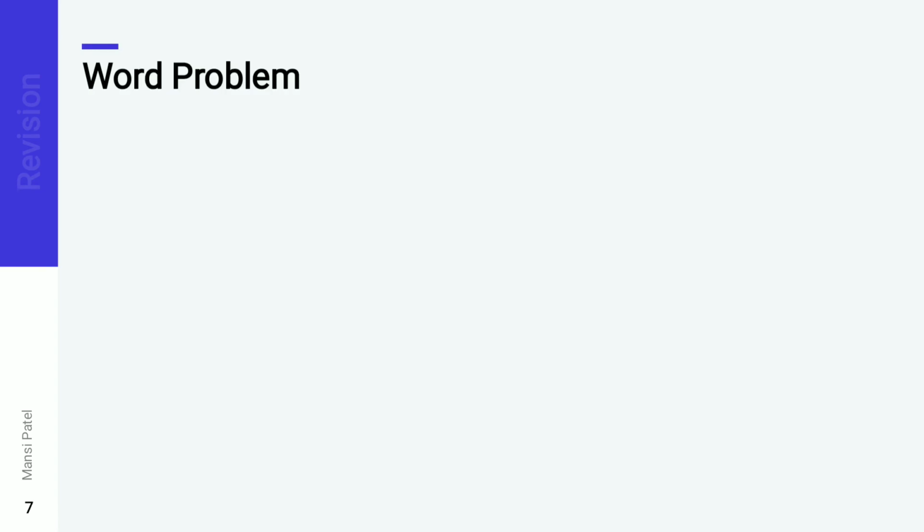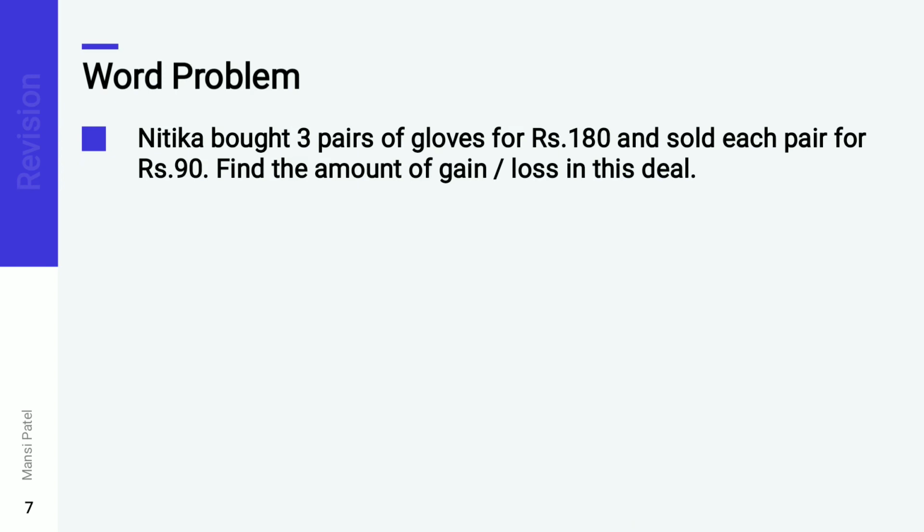Let us see another word problem. In this, Nitika bought 3 pairs of gloves for rupees 180. Now see here, this statement says that she purchased 3 pairs of gloves and she paid only rupees 180 for those 3 pairs of gloves.